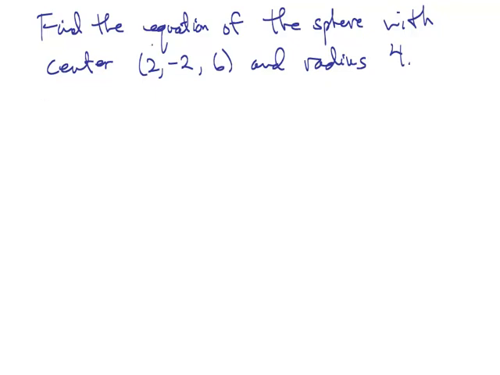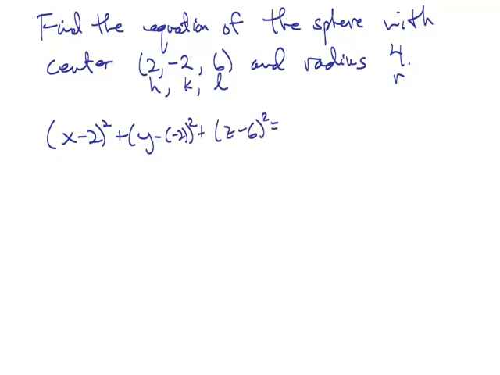Well, it's very simple. This is our h, our k, and our l. This is our r, and so we want x minus 2 quantity squared, plus y minus negative 2 quantity squared, plus z minus 6 squared to be equal to r squared, 4 squared.